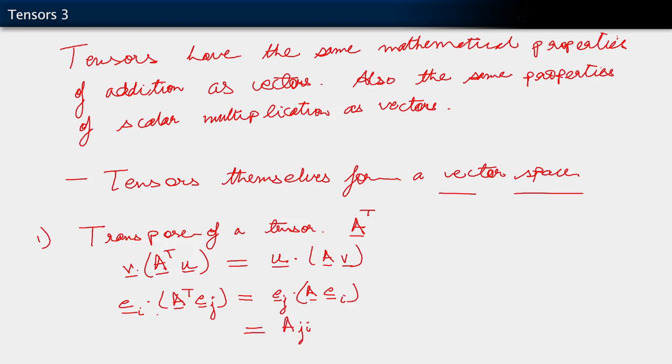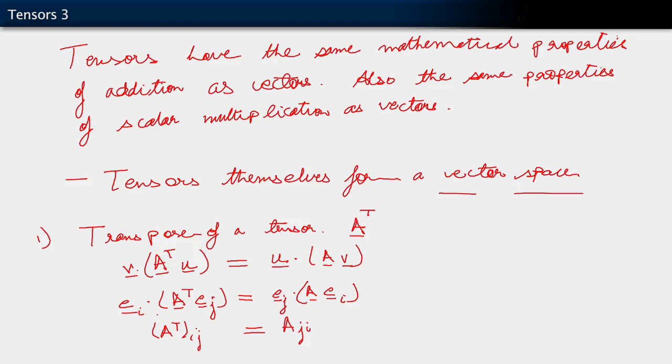But then following that sort of convention, on the left-hand side we have A transpose. Again, I'll just put parentheses around it and say that, well, this is the IJ component of A transpose on the left-hand side. Right? Just recognizing that A transpose also is some tensor. So EI dotted with A transpose EJ ought to be the IJ component of A transpose.